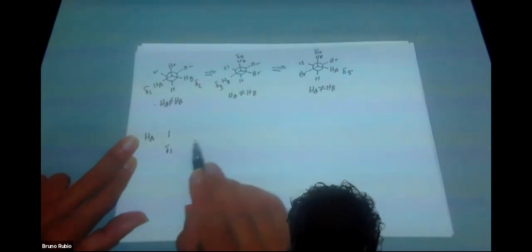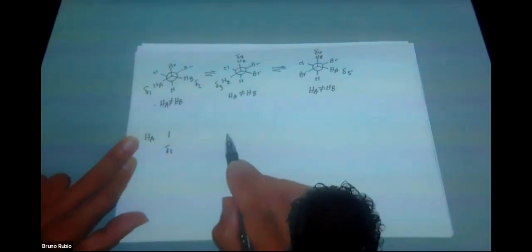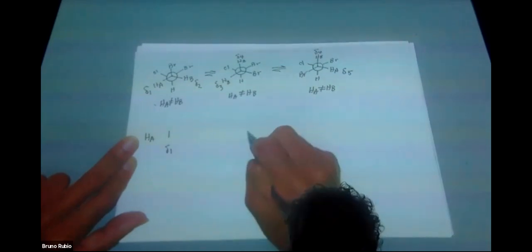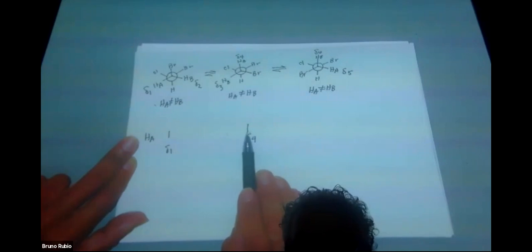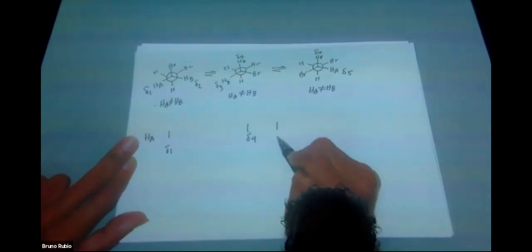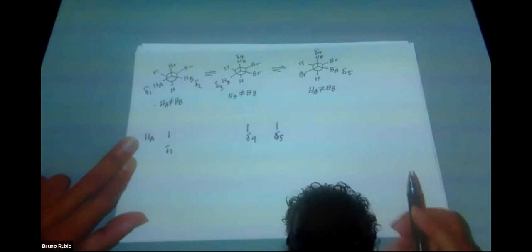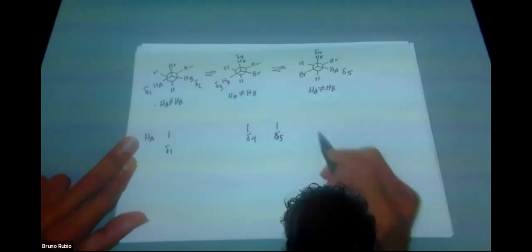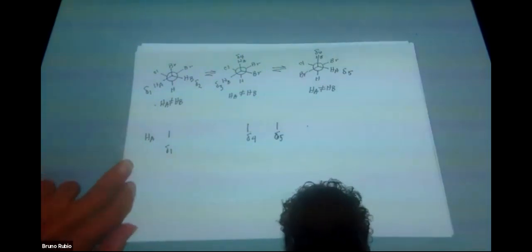Yes, he is. So sometimes HA has delta 4. Is HA ever delta 5? He is. Is HA ever delta 6? No, he's never delta 6.